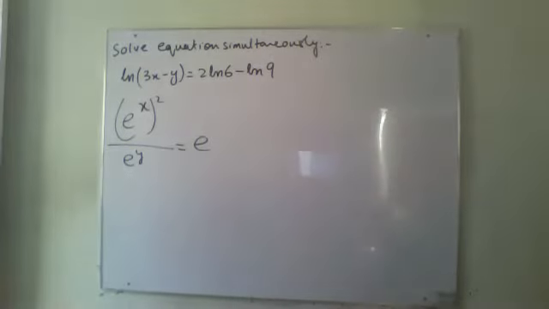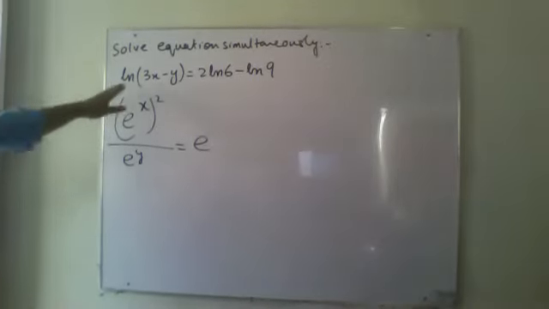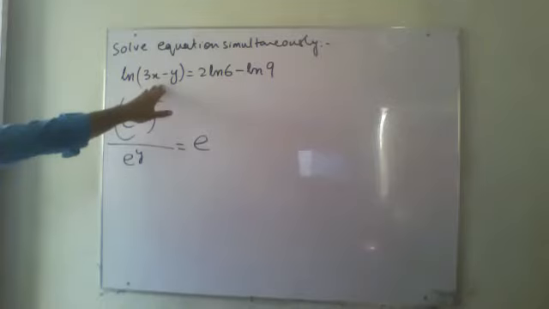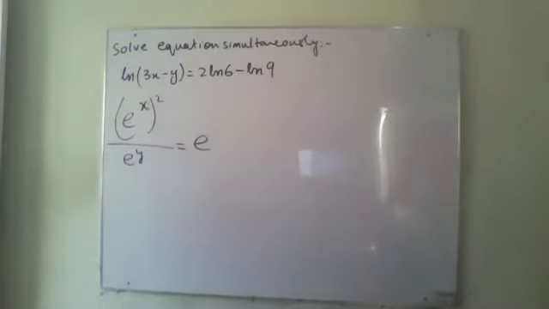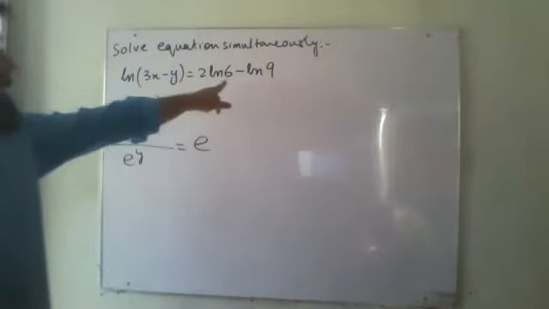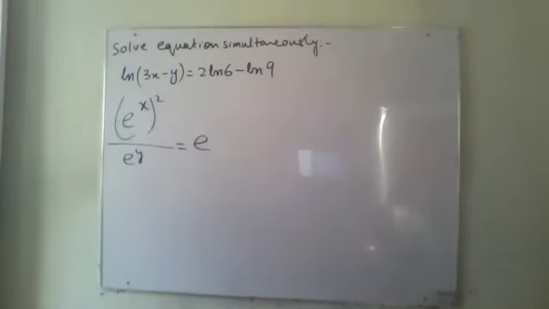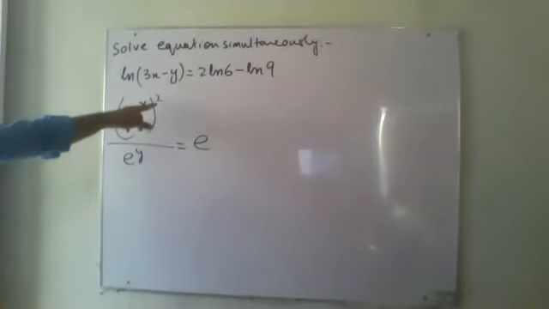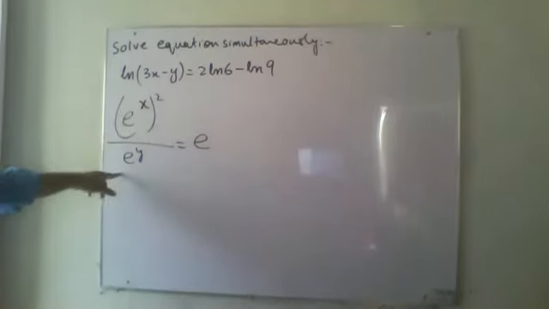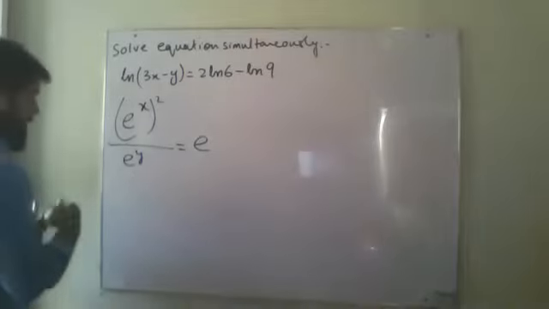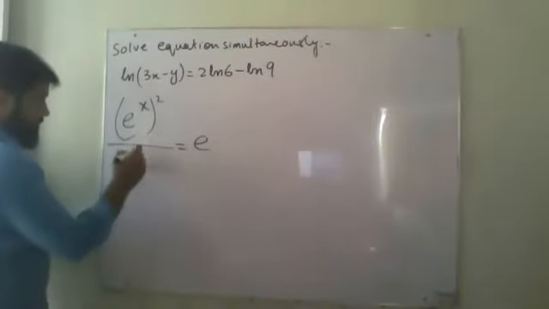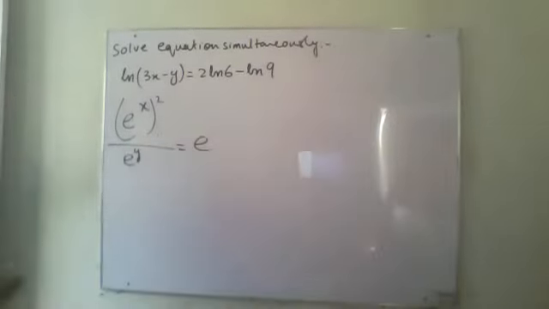These are the two things given to me. ln bracket 3x minus y bracket close equals to 2 ln 6 minus ln 9. Okay. And the next thing which they are giving me, e to the power x whole square upon e to the power y equals to e, and this we have to solve to get our result over here.